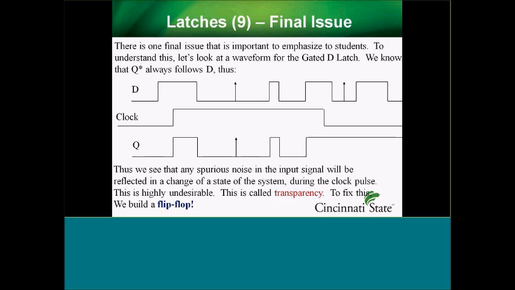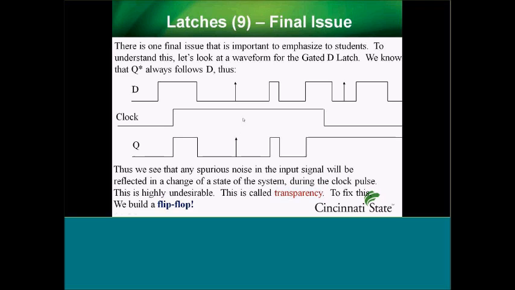So we get a little pulse there that's just noise. If the clock happens to be high, Q will faithfully mirror whatever D does. So the clock goes high, Q follows D, including that spurious noise right there in the middle. Then when the clock goes off, Q just keeps its latest state, which in this case is high.